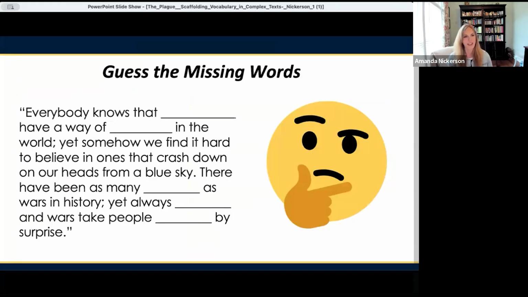So I want you to get a feel for this a little bit. We're going to play a really fun game called Guess the Missing Words. And I want you just to read this to yourself and see if you can fill in the missing blanks here. See if you can figure out which words might be missing. And I'll just give you a few moments to do that.